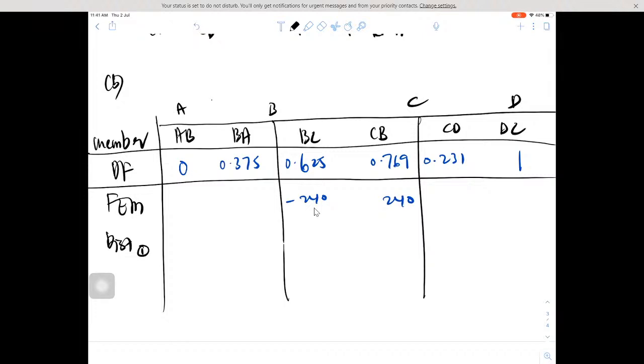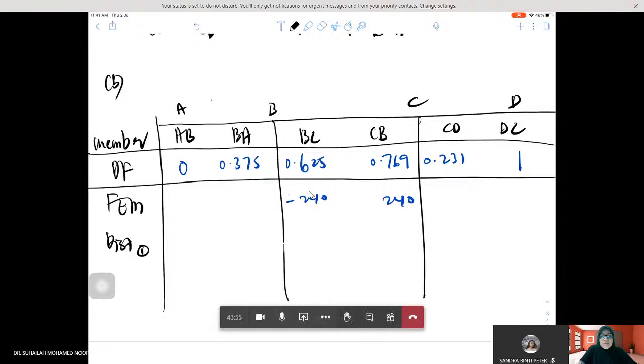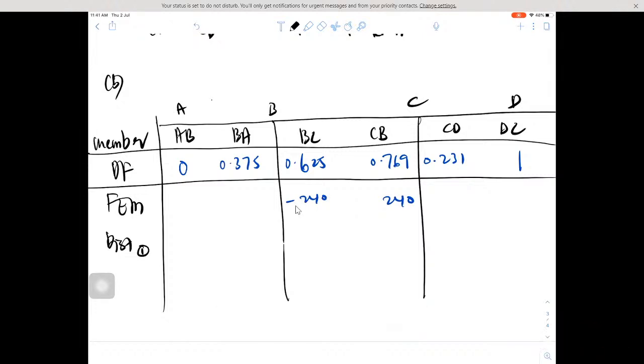So for joint B, the joint moment is positive 240. Positive 240 times 0.375, we get 90.